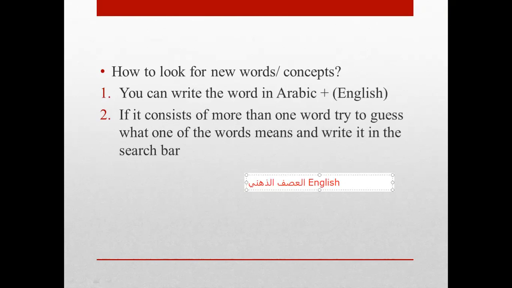The opposite happens when we want, for example, to look for brainstorming. So I say brainstorming and Arabic. Sometimes you find results immediately after you do this step, but sometimes this step isn't sufficient, especially if the term is not common, okay?